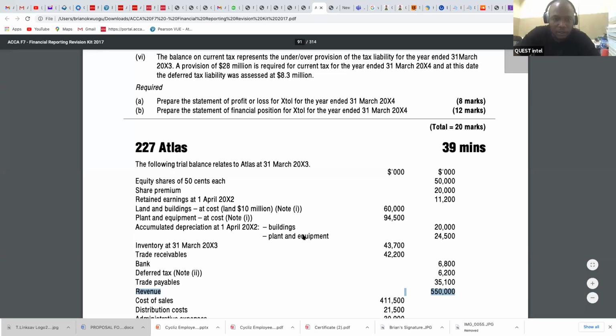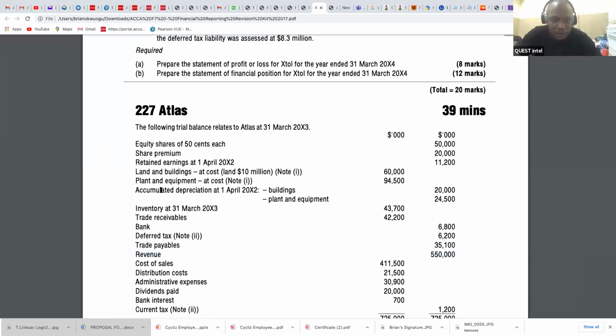All right. So I know that some of us are quite strong with this. For those of us that are just starting, I have to do a few things. Let's just make sure we're all together. So in this case now, they give you accumulated depreciation for building, and they give you 20,000. So you have that. That should be subtracted. And then when we get to plant and equipment, the same thing. We'll have the accumulated depreciation at 24,500.